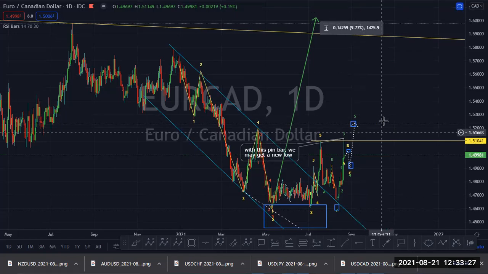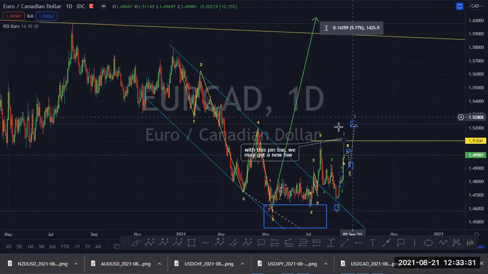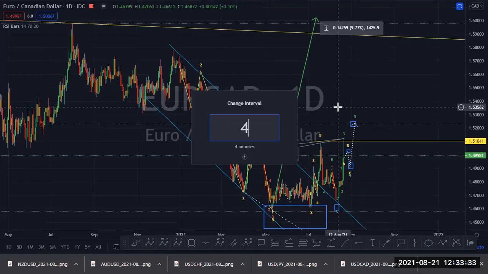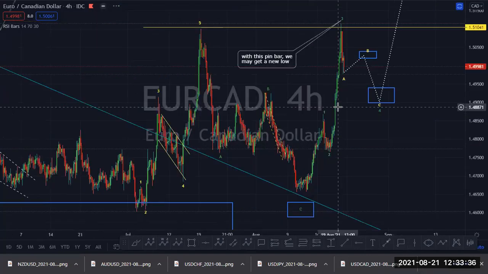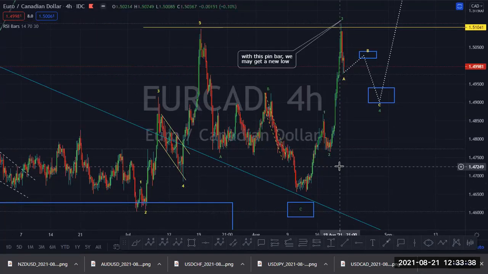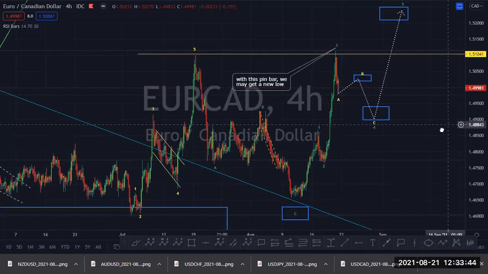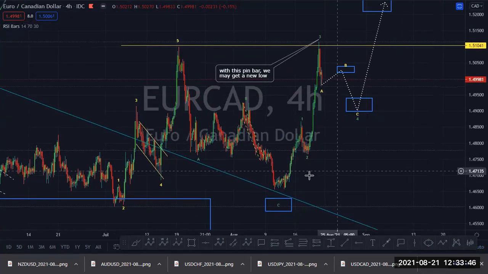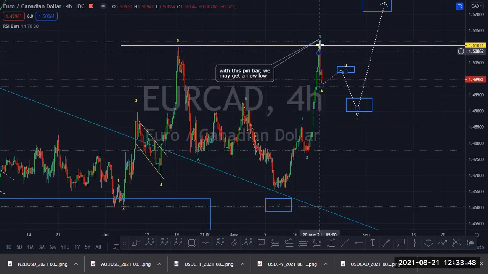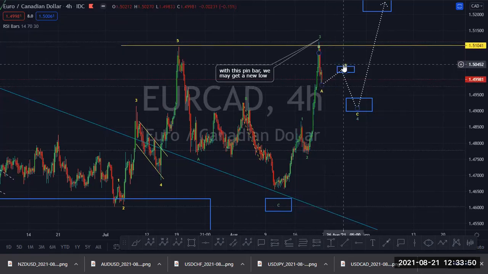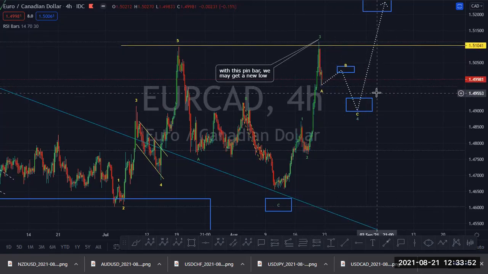Now let's go back to the lower time frame. In my opinion, we are getting 5 waves to the upside on Euro CAD. So this is 1, 2, 3. Then we're going to get A, B, C. How will I trade this?